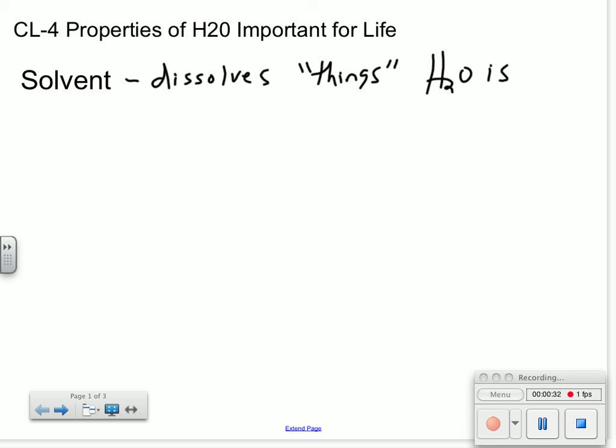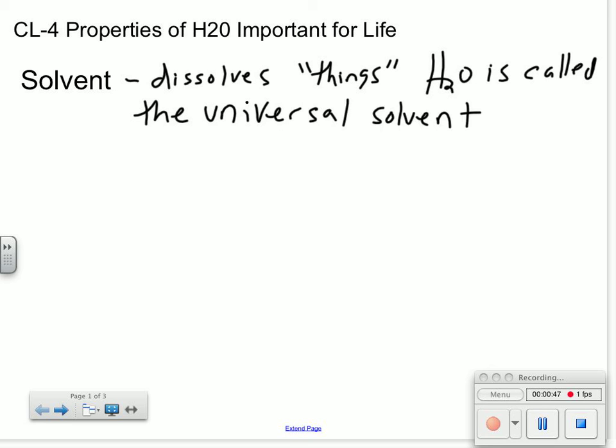Water is called the universal solvent because it dissolves many things. Water dissolves many different things.